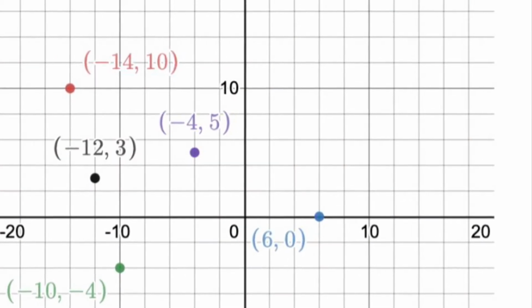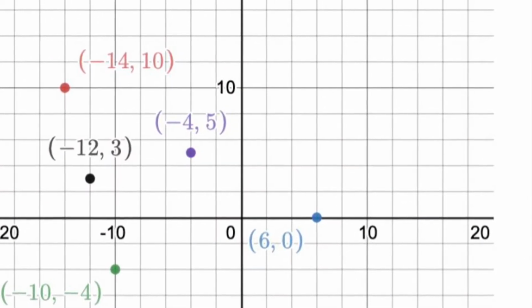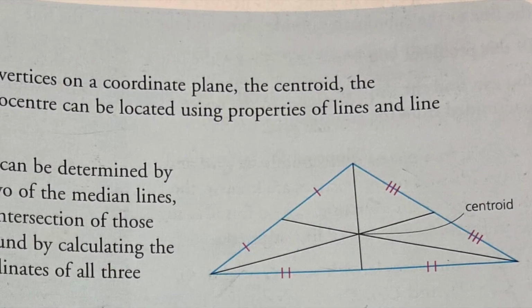Here is all my information on Desmos. I've got my 3 vertices and my midpoints, and now I want to find the centroid. And the centroid, remember, means that I need to find 2 medians. And remember, a median goes from a midpoint to the opposite vertex. So I need to find the equation for 2 medians. I'm going to start at my midpoint, go to my vertex.